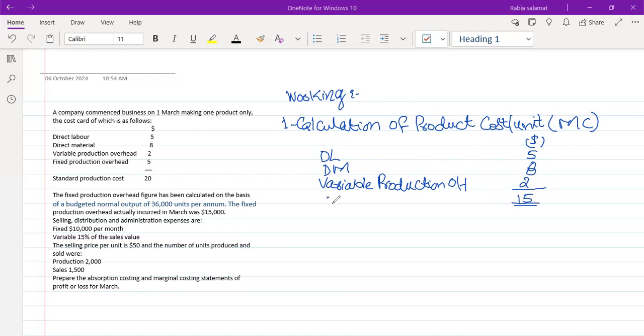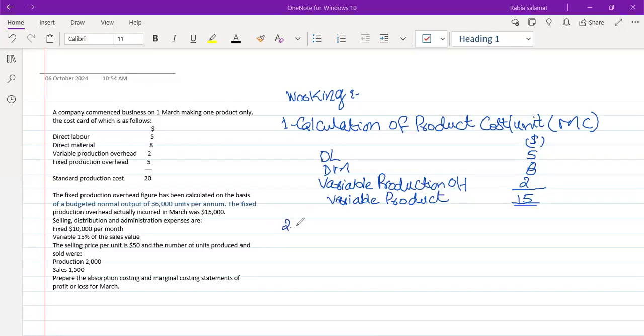This is your variable product cost. Fixed factory overhead is not part of the product cost in marginal costing. Why? Because these are treated as period cost in marginal costing.